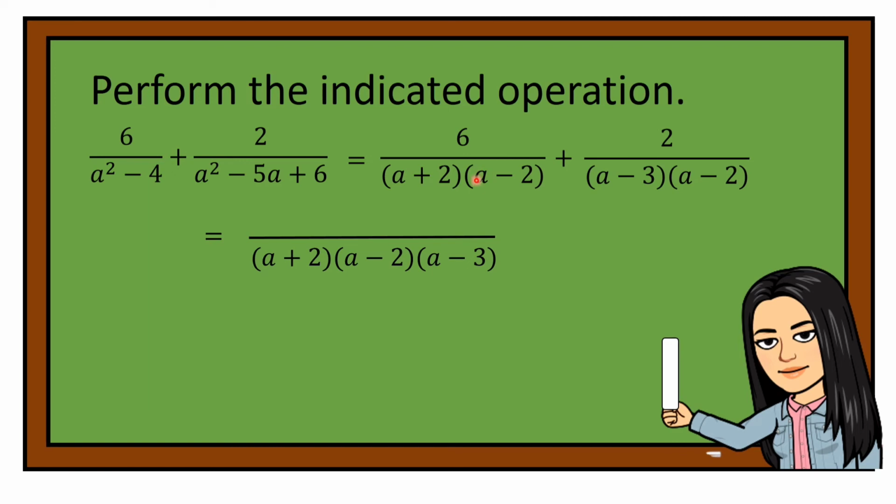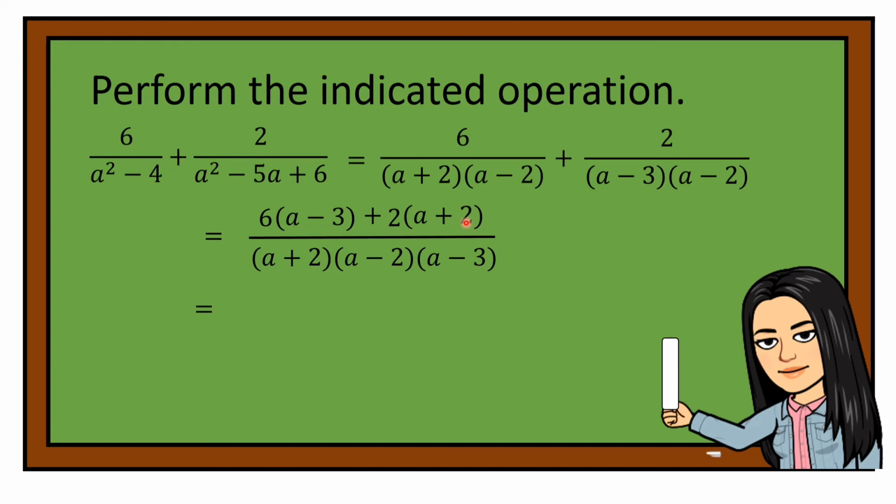So we have here 6, the numerator, and then the quotient is a minus 3. And then plus, so the numerator is 2, and then we divide the LCD by a minus 3 times the quantity a minus 2. So the quotient is a plus 2.